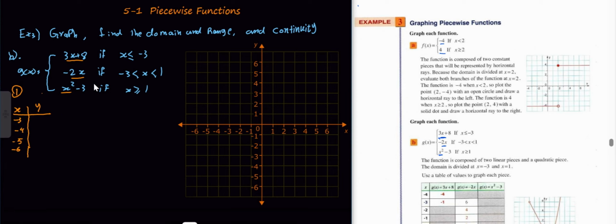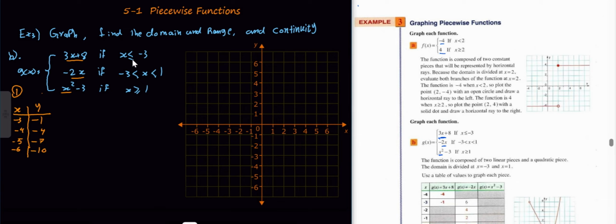If you plug in negative 3, 3 multiplied by negative 3 is negative 9, plus 8 will be negative 1. If you put negative 4, it will be negative 4. If you put negative 5, it will be negative 7. If we put negative 6, it will be negative 10.